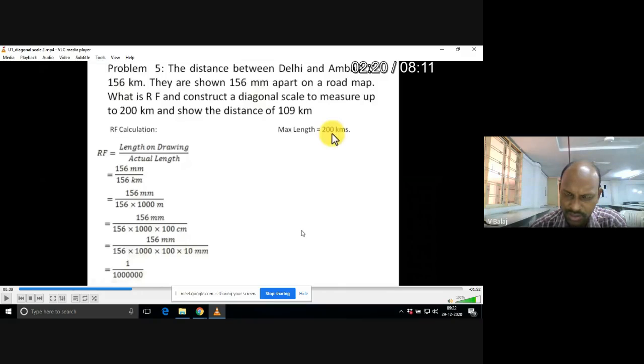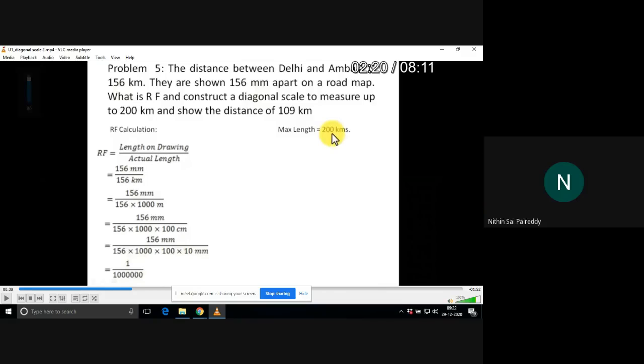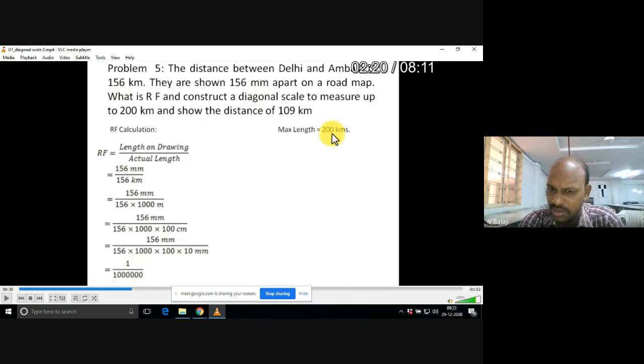Anyone in the class? If you do 10 parts, what happens? Each part will be 20 kilometers. If you divide into 5 parts, each is 40 kilometers. Remember, we need to mark a distance of 109, so keep this in mind and see which is convenient.